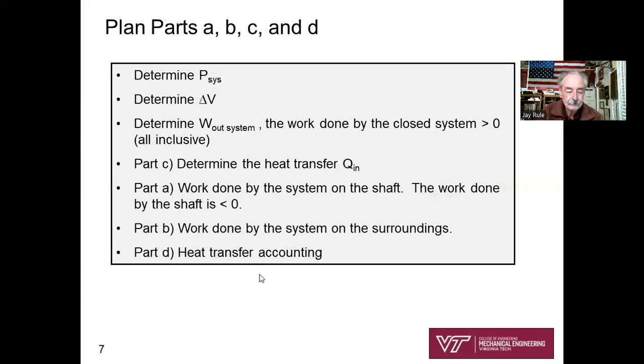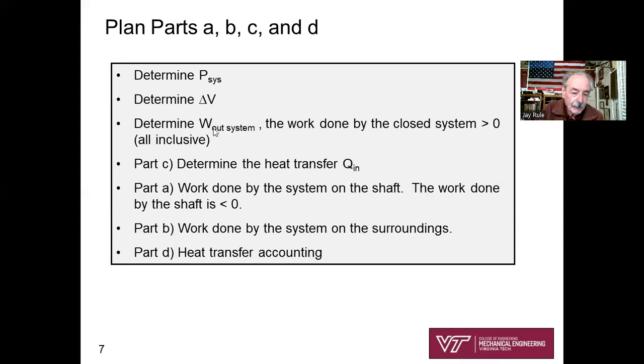So here's what we're going to do in MATLAB. This is the sequence that we're going to do our solution in MATLAB. First, we're going to determine the pressure of the system. Then we're going to determine the change in height of the piston due to that potential energy change, and we'll determine the volume change.